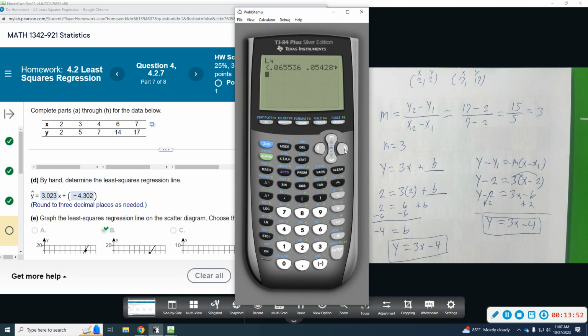Can I get it to sum those? Let me see if I can get the calculator to do this for me. This is the sum. It might not work. Yeah, it's not going to work.